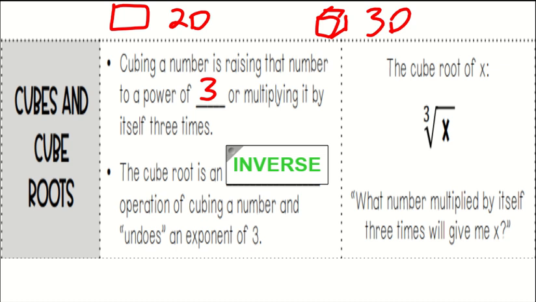So it's the inverse operation for cubing. What you're doing then is looking at what number times itself 3 times equals that number in there, okay? Square root was just 2 times. Cube root, we have to figure out what number goes in there 3 times. A little bit tougher, and it gets a little bit bigger numbers when we do it this way, okay?